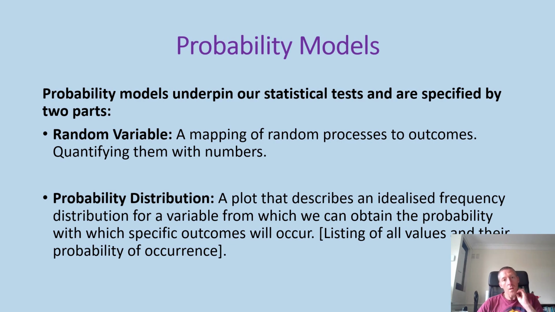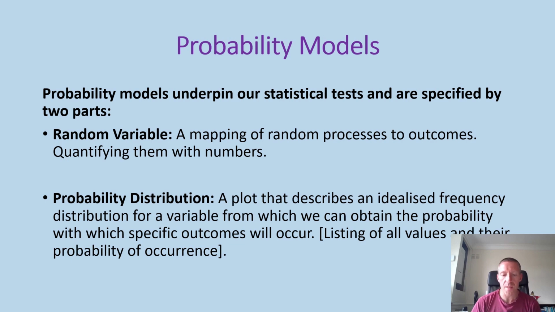The second part of a probability model is a probability distribution, and that's a plot that describes an idealized frequency distribution for a variable, from which we can obtain the probability with which specific outcomes will occur. So we list all the values on our measure on the x-axis, and the probability of occurrence goes on the y-axis.